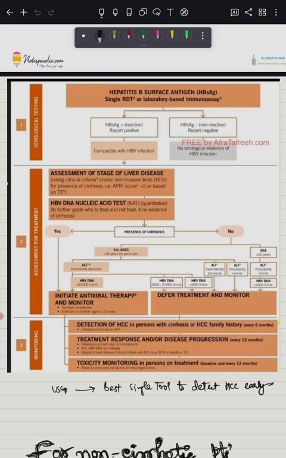One thing is, if HBsAg is positive for greater than 6 months, we know that HBsAg positive means acute or chronic infection, but if HBsAg is positive for greater than 6 months, then it means the patient has chronic hepatitis B infection.